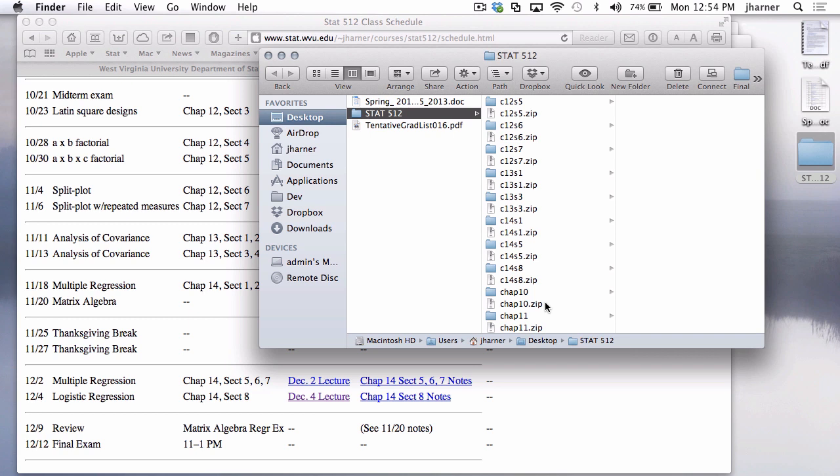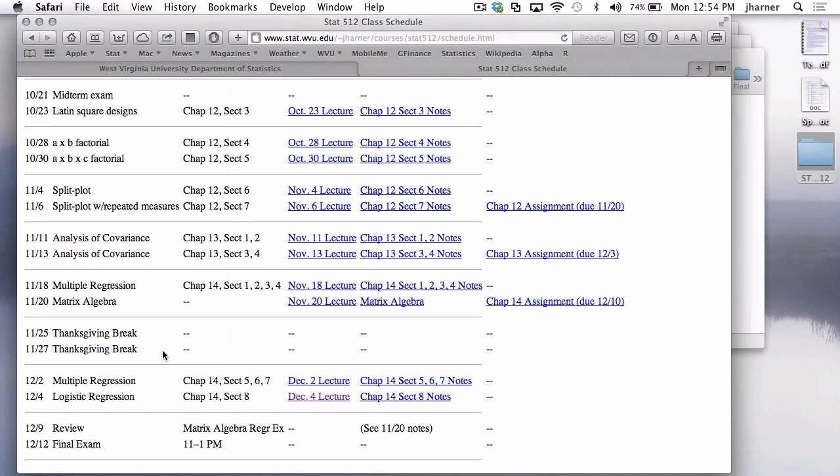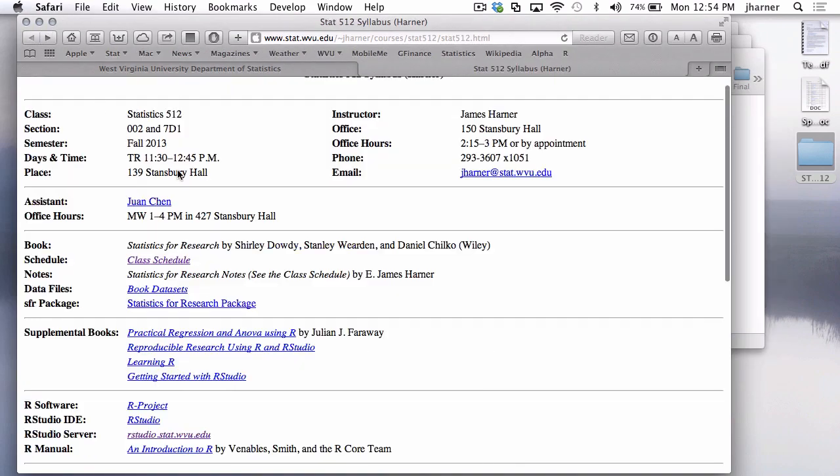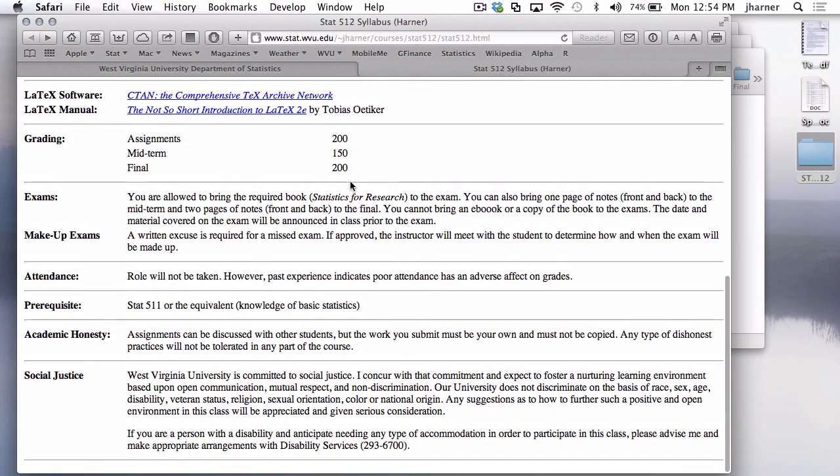Is it 150 or 200? Oh, it's 200. So it's 25 points each. Yeah, so you'll get a gift of 25 to start things off, and then the other 175 come from the 7 assignments.